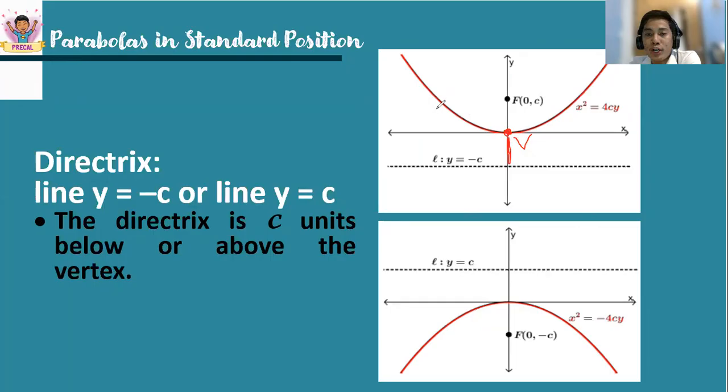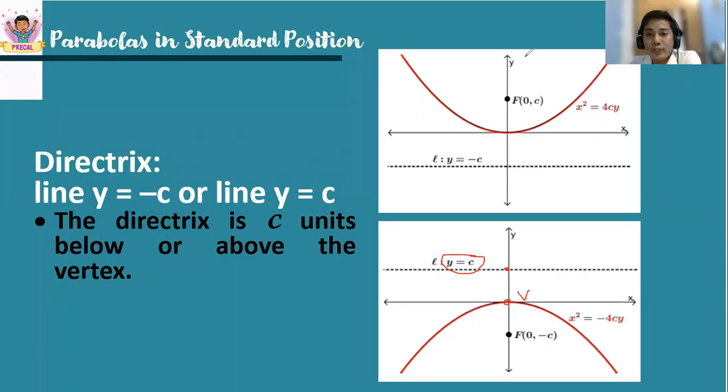So if the parabola opens upward, then the directrix is a line represented by y is equal to negative c because it is below the vertex. When the parabola opens downward, it's the opposite, because the equation of the directrix is represented by y is equal to positive c, in which its location is above the vertex.